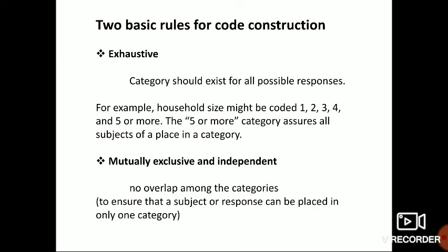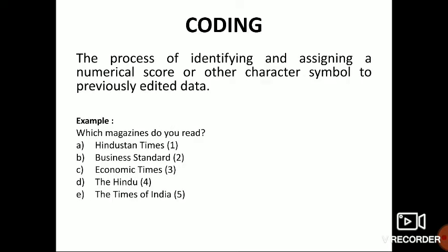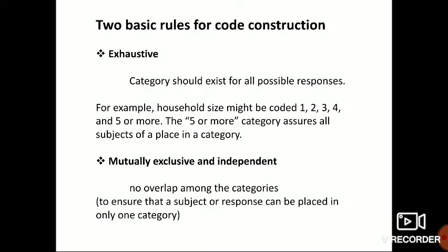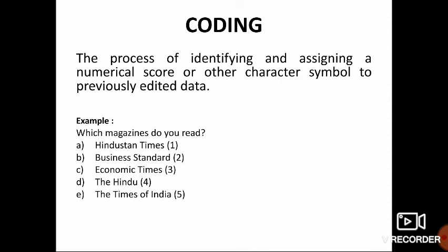So these are the two rules. The first rule is that whatever answers you have for the question should be included in the category, that is exhaustive. Second, the category should not be repeated. Each category represents unique values. For example, take B as Business Standard.